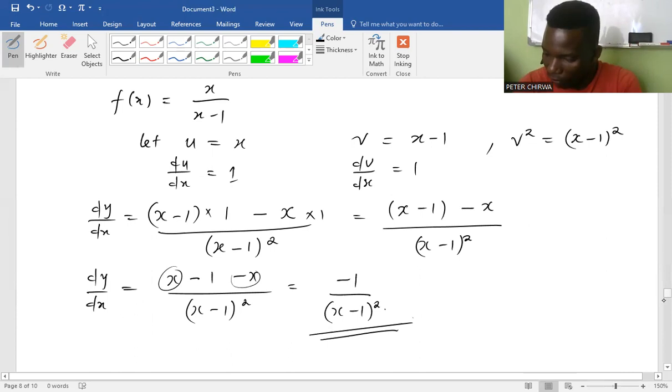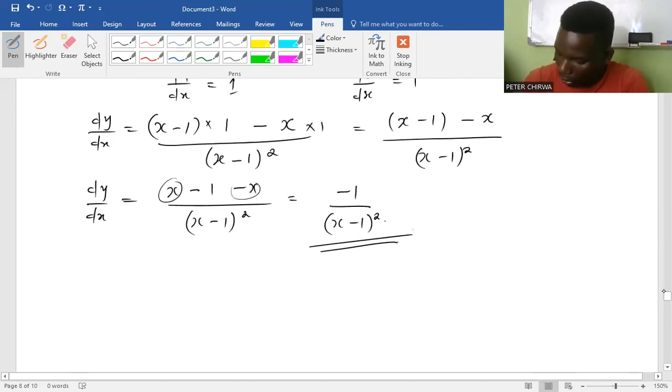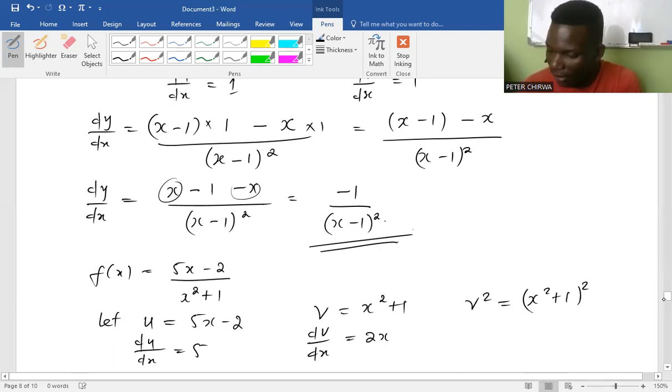Let's look at another example, where we have a function f of x equals something over x squared plus 1. We let u be the numerator and v equal to x squared plus 1.